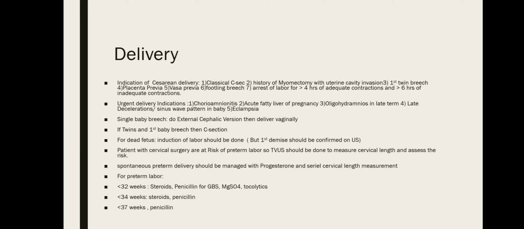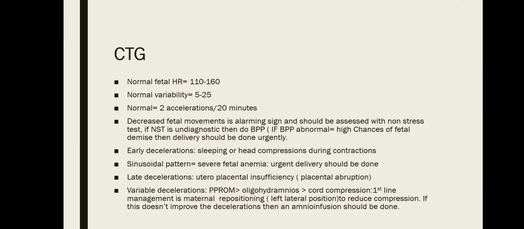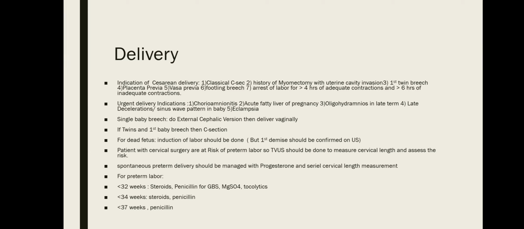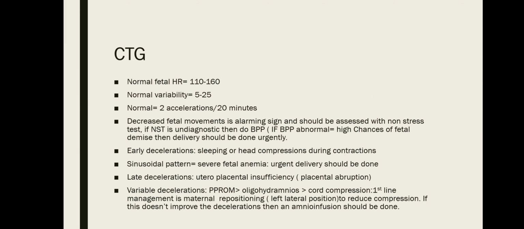If it's less than 34 weeks, then we give steroids and penicillin, and if present at 37 weeks, then we give only penicillin, because there is no advantage of giving steroids and magnesium sulfate after 34 weeks, after the maturation of the lungs. So we only give penicillin prophylaxis for GBS, group B streptococci.